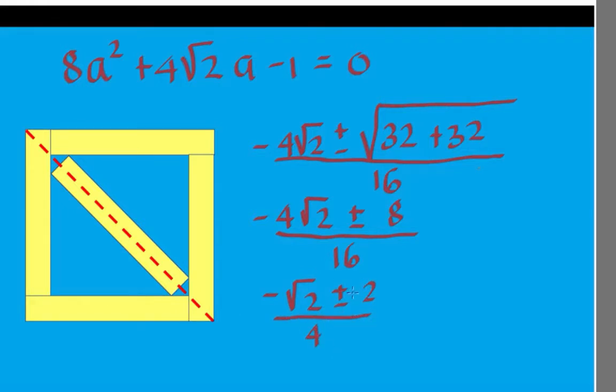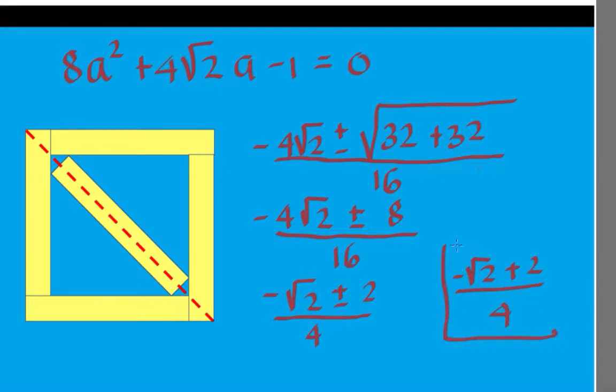And since we are talking here about measurements of lengths, we are going to rule out negative values and just accept the positive answer. So we will just accept negative square root of 2 plus 2, over 4 as our answer. So let's remove the negative value. So our answer is only negative square root of 2 plus 2, over 4.